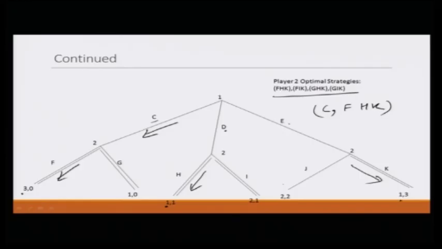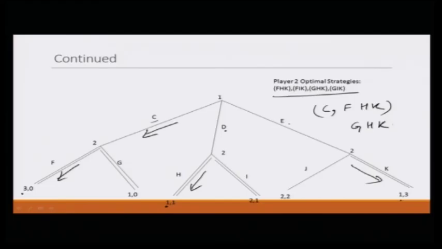I will give you one more subgame perfect equilibrium and then request you to obtain all the subgame perfect equilibria of this game. Let us say player 2 plays G, H, K. What would happen? If player 1 plays C, then he gets 1. If player 1 plays D, then he gets 1, and if he plays E, then he gets 1.